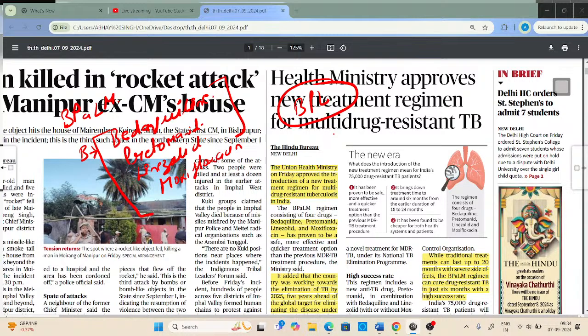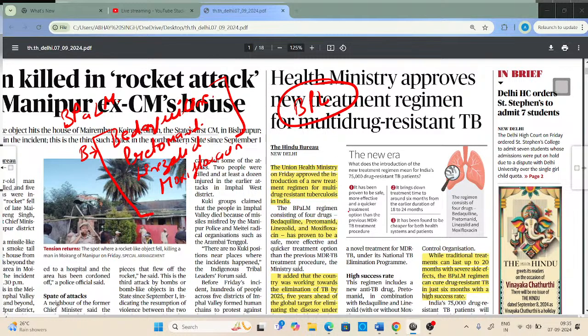The best thing about this BPaLM regimen is that while other traditional treatment methods can last 18 to 20 months, this regimen will last only 6 months. This regimen also has a higher success rate. These are the advantages, and for similar reasons the Health Ministry has given approval to this new treatment regimen.